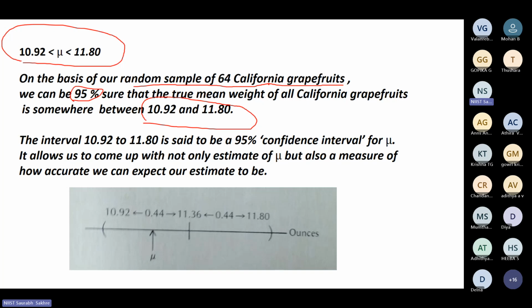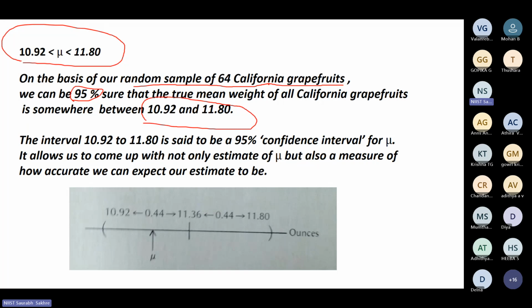It is agreeable to me. But I should have a 95% confidence interval. So for the 95% confidence interval, my range is 10.92 to 11.80. On the basis of our random sample of 64 California grapefruits, we can be 95% sure that the true mean weight of all California grapefruits is somewhere between 10.92 and 11.80.